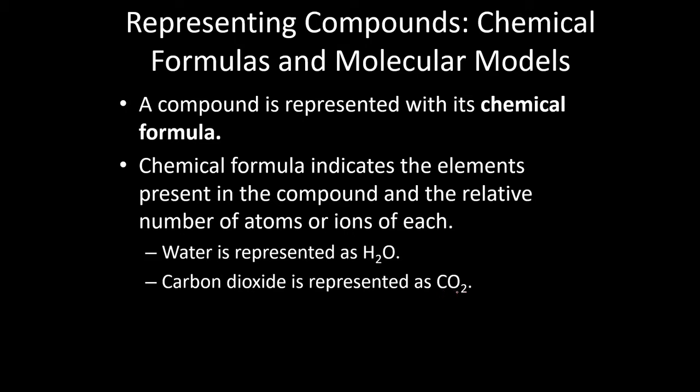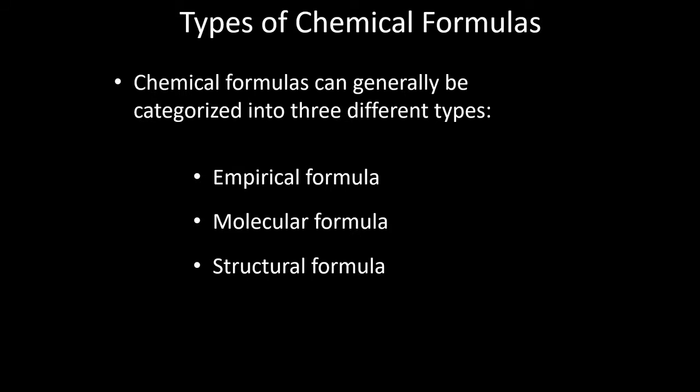C is the carbon, O is the oxygen, so we have one carbon, two oxygens. Because always, if you're not given a subscript, then it's understood to be just one, which we talked about on an earlier slide as well.